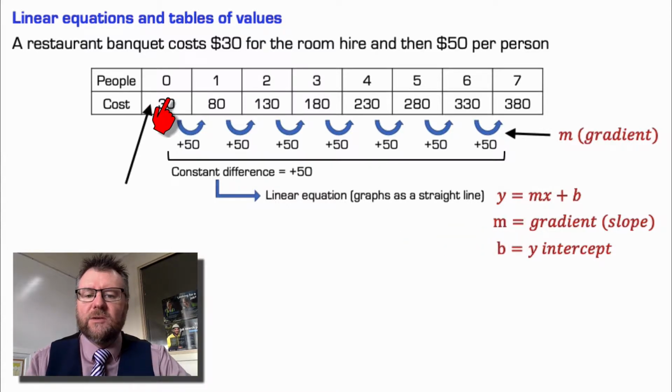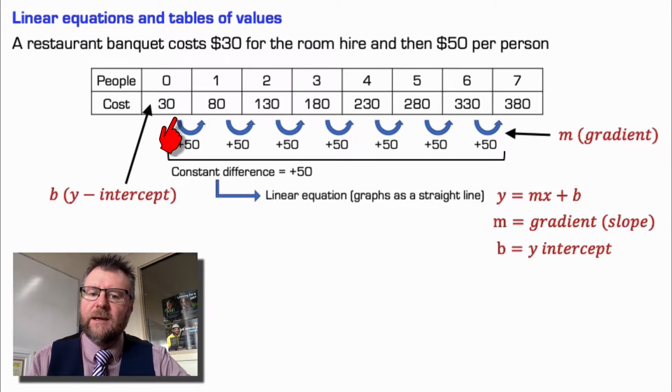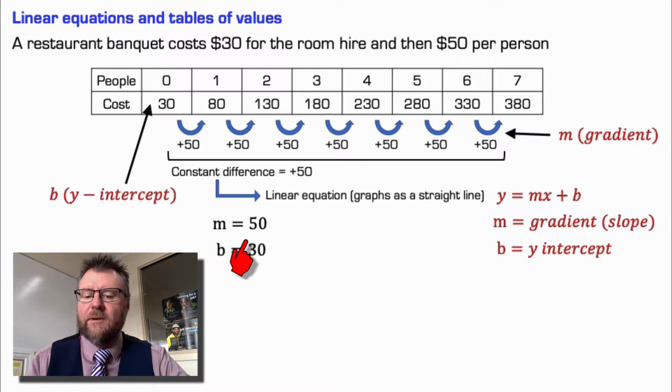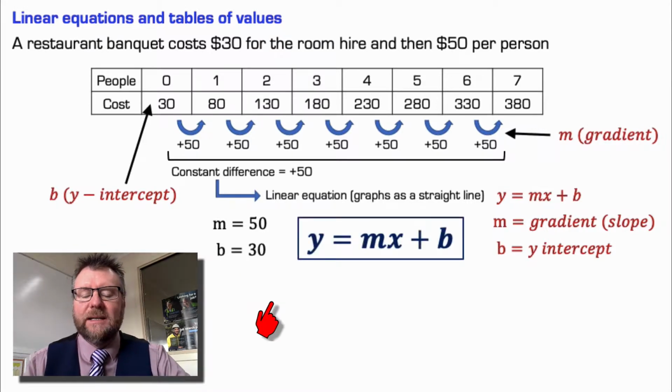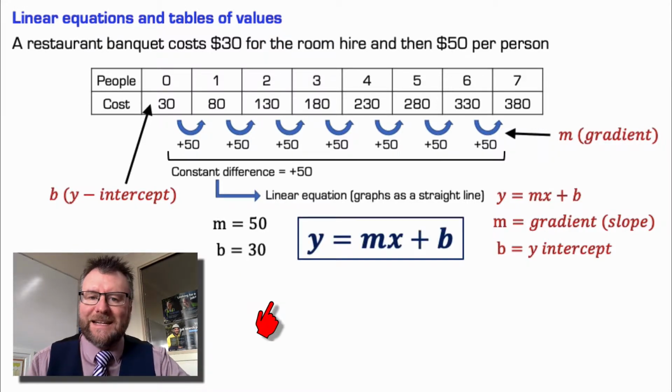Going back here to my 0 value on the top row, that represents my b value or my y-intercept. So at 0 here, 30 becomes my intercept. So I've got a gradient, or m, of 50, a y-intercept, b, of 30, and that means now I can create my linear equation. This is what we call the gradient-intercept form of the linear equation.